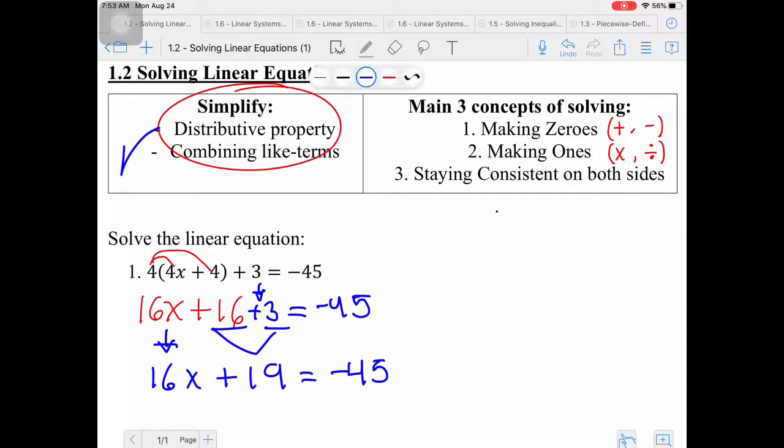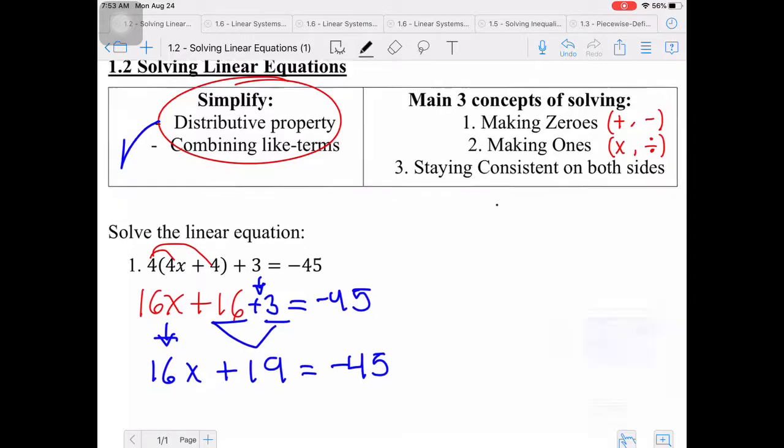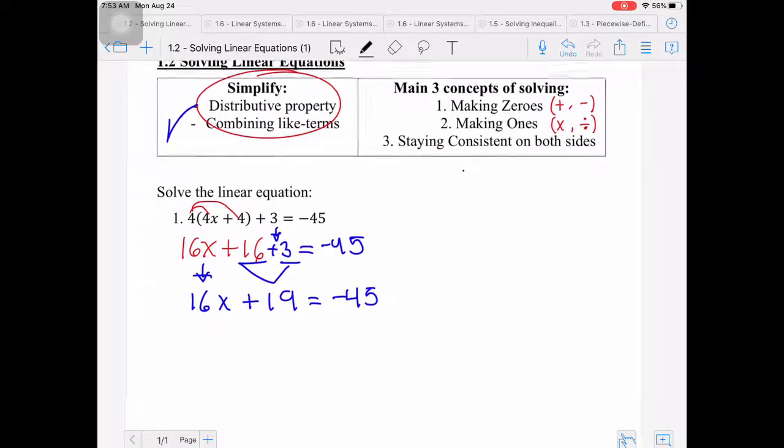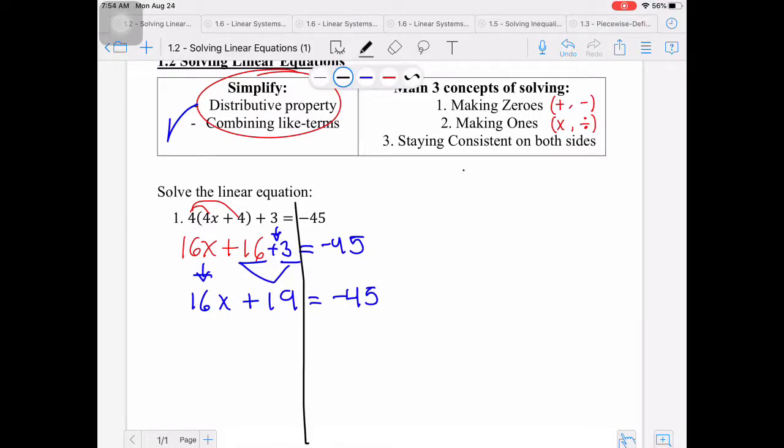The one thing that I like to do is make a line through the middle so you're able to see which one is your left side and which one is your right side. The first thing we need to do is make zeros, and remember, you do that by either adding or subtracting. I see that there's a 19 right there.